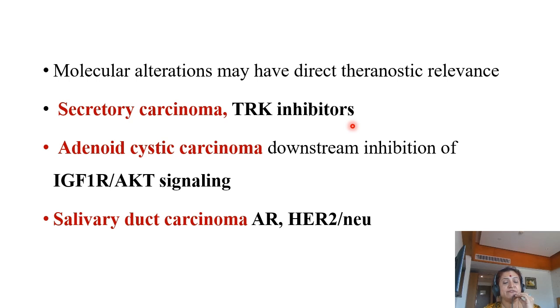This is useful only if the NTRK fusion is there, because secretory carcinoma can sometimes show other types of mutations also. Only if a particular secretory carcinoma harbors the fusion are TRK inhibitors useful in that therapy. If it has other alterations like RET, MET and so forth, which occur in a minority of tumors, this therapy will not work for such patients.